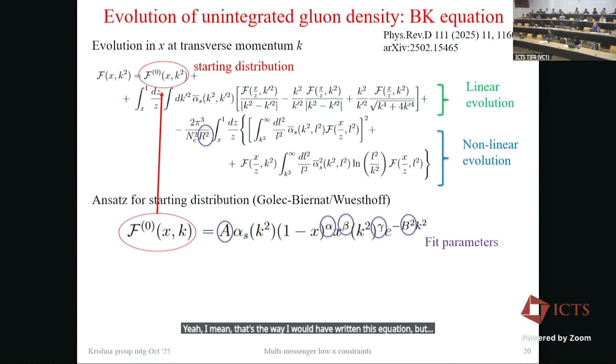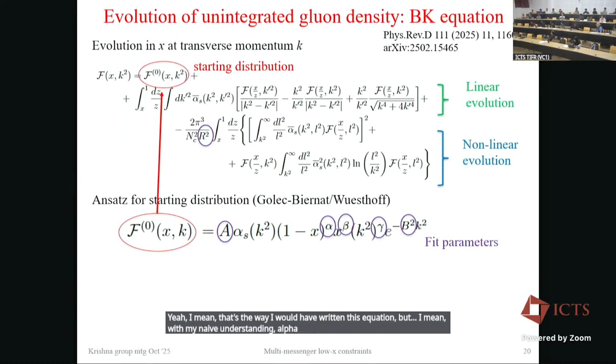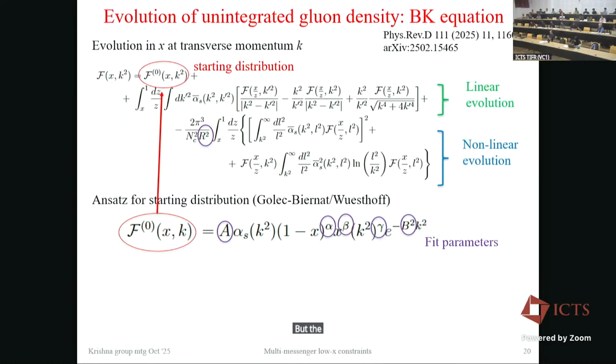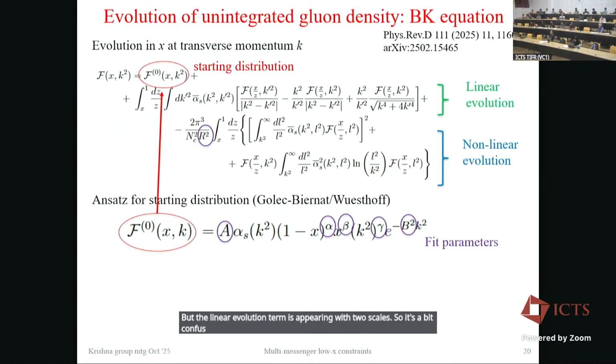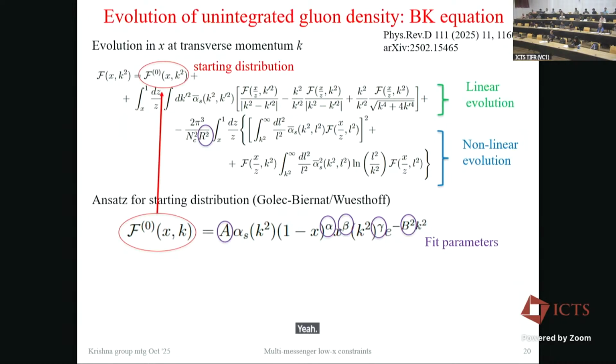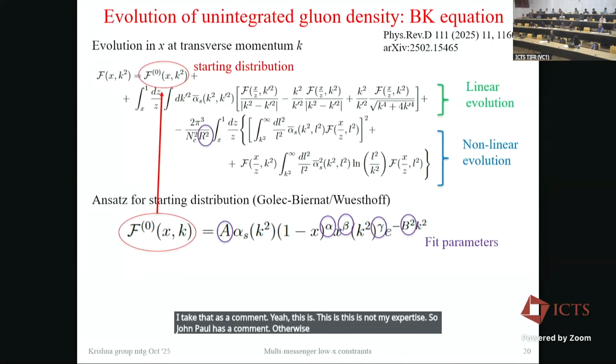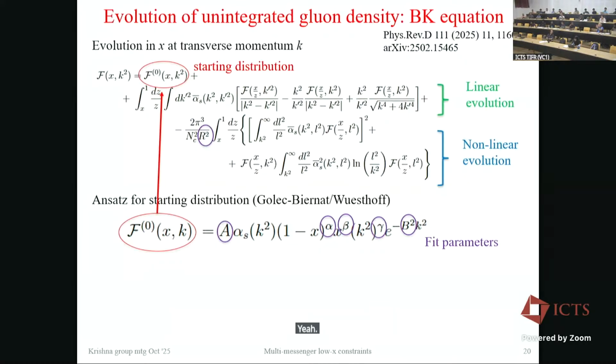With my naive understanding, alpha should depend on only one scale, but the linear evolution term is appearing with two scales, so it's a bit confusing. Okay, I'll take that as a comment. This is not my expertise.